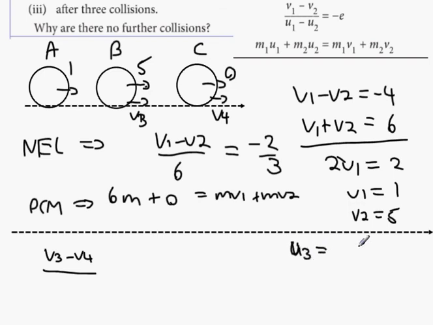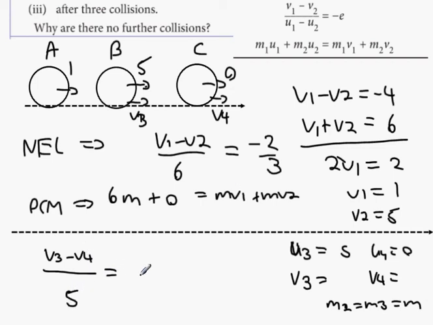U3 equals 5, U4 equals 0, V3 equals I don't know, V4 equals I don't know. The masses M2 equals M3 equals M.